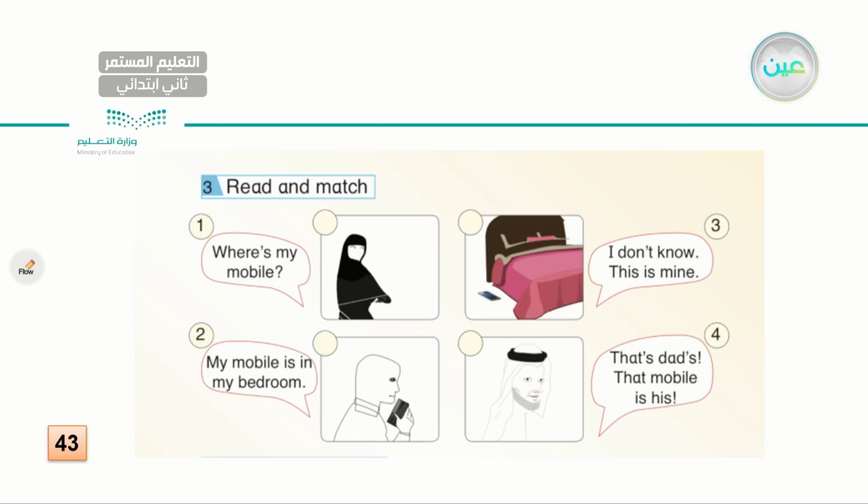Number 3, I don't know. This is mine. Number 4, that's dad. That mobile is his. Okay, so now you will have your 20 seconds. Try to match the correct number with the correct picture. Good luck.